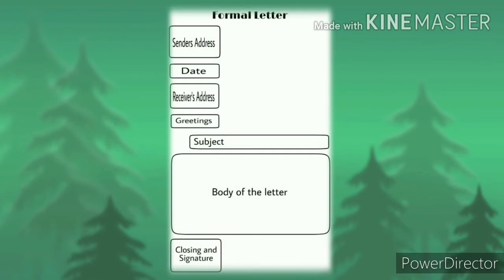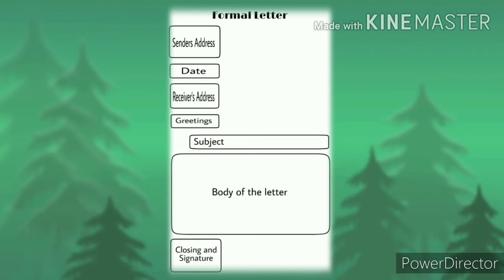Now students, let's have a look at the format of formal letter. As I told you earlier, when we write a formal letter, we have to follow the steps that are necessary to write a formal letter. So here, when we start writing a formal letter, at the top, on the left hand side corner, we write the sender's address.